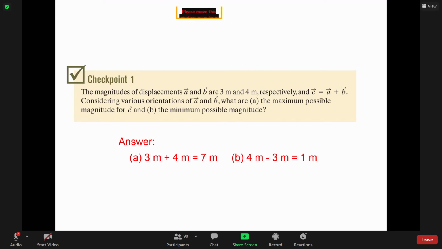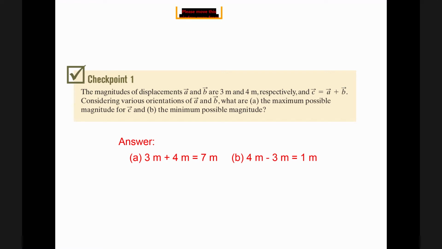He said vector C is the addition or summation of A plus B. So if I add the two vectors A and B, I get another vector called C. Considering various orientations of A and B, if you consider any possible orientation of A and B, what is the maximum possible magnitude of C? If I try to add A plus B, when will I get the addition to be the maximum?